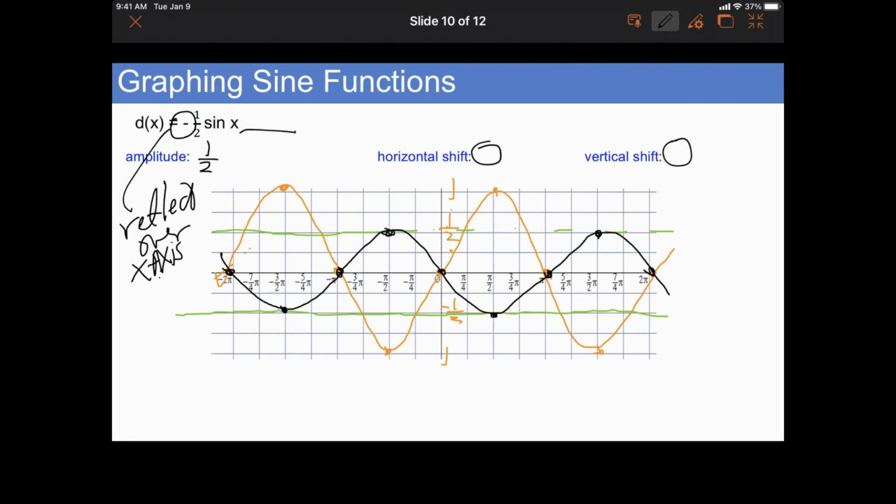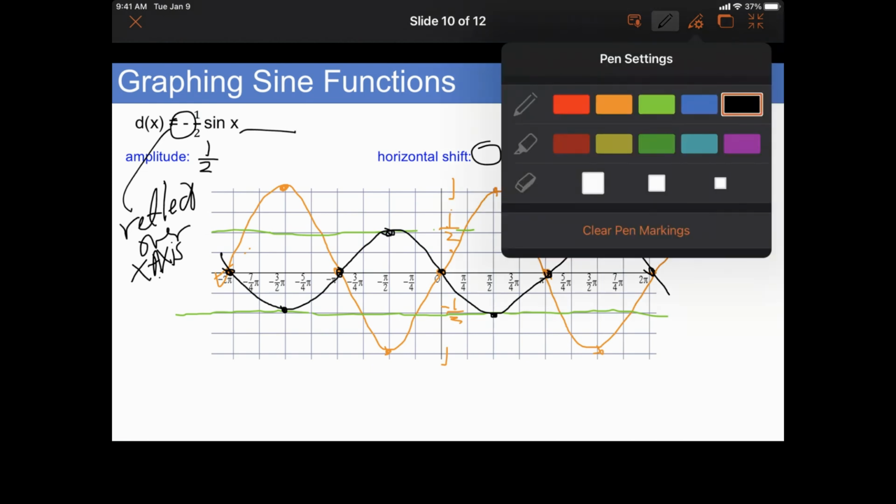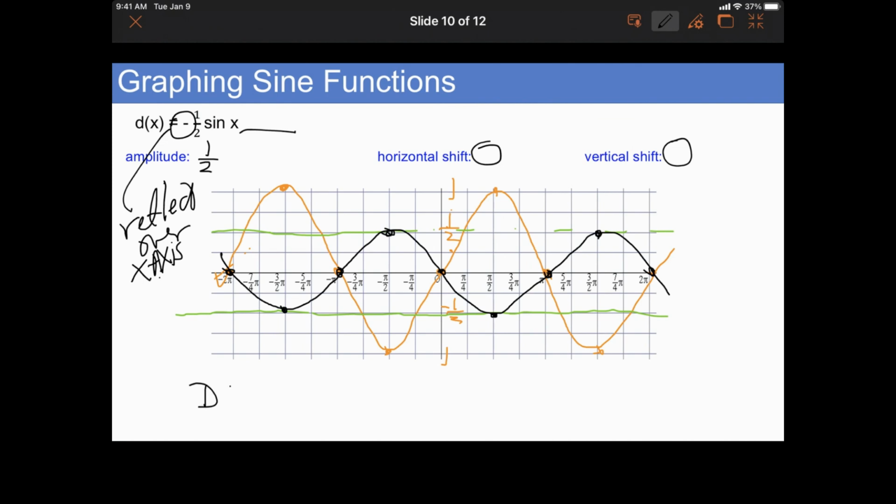And we haven't done domain and range. We should probably do domain and range just for this one. Domain, all real numbers. Range. Okay. Because we changed it, it's now going from negative half to half. Okay. And then this is d of x. Lovely. So cool.